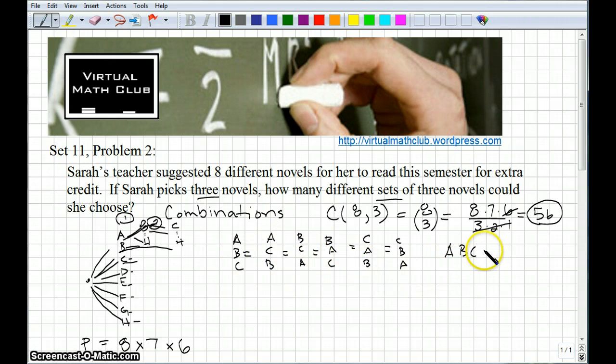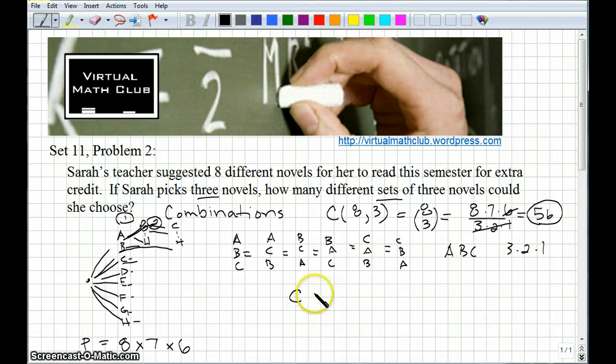So the number of ways to arrange 3 novels is just going to be 3 times 2 times 1, because she would have 3 choices for the first novel in the arrangement, 2 for the second, and 1 for the third. So this is another permutation actually. So we've overcounted by the permutation of 3 novels.